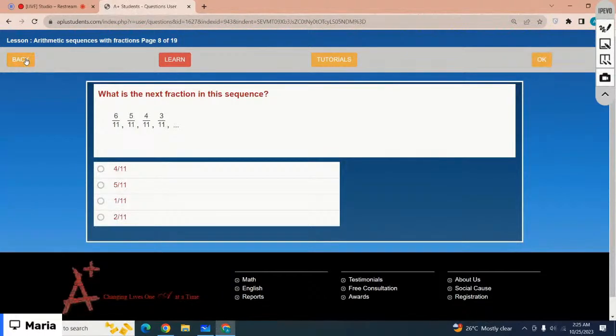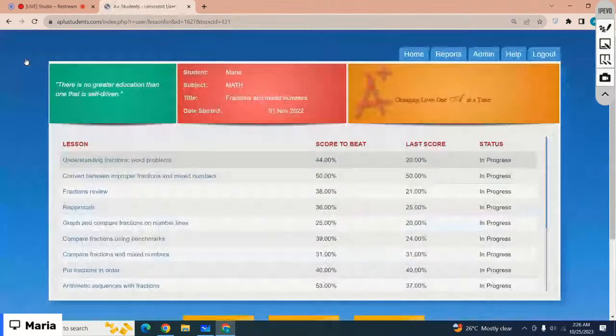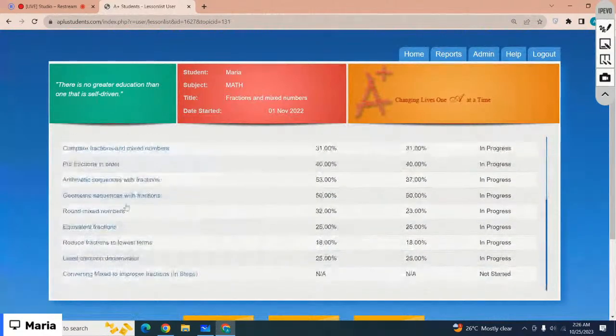Okay, the next lesson is geometric sequences with fractions.